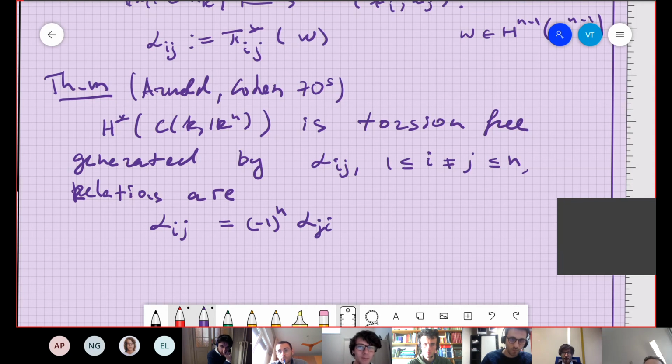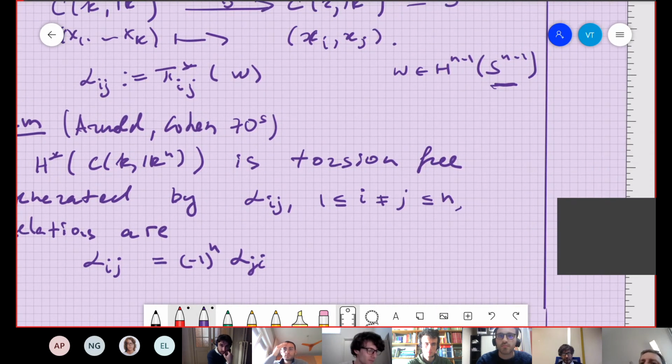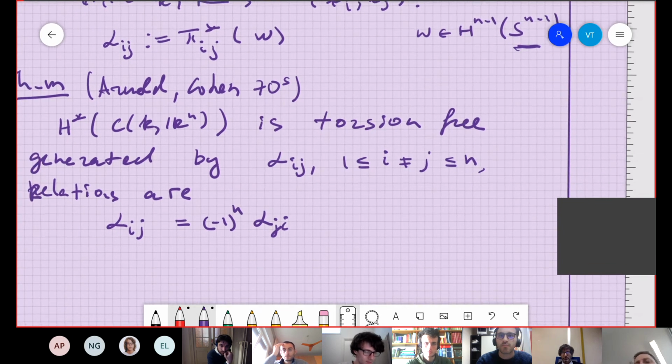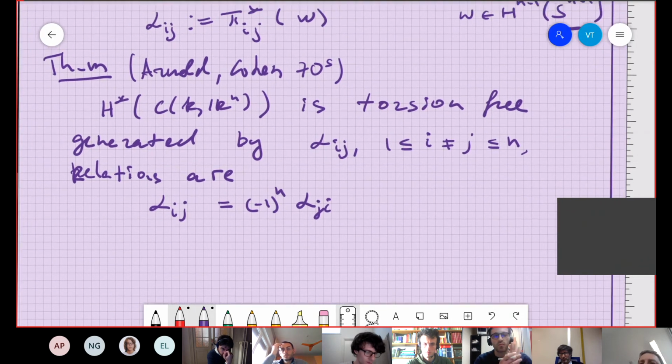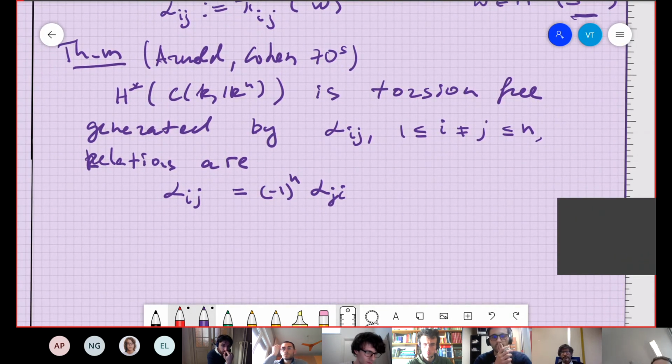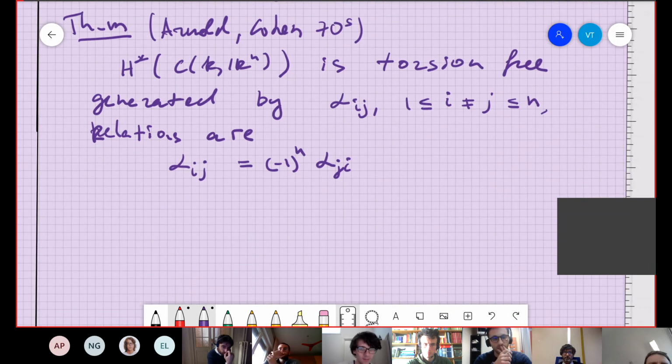This is because we have the central symmetry of the sphere S^(n-1). When we take the central symmetry of the sphere, the orientation changes depending on the parity of n, whether it's even or odd. So alpha ij is related to alpha ji by this formula.